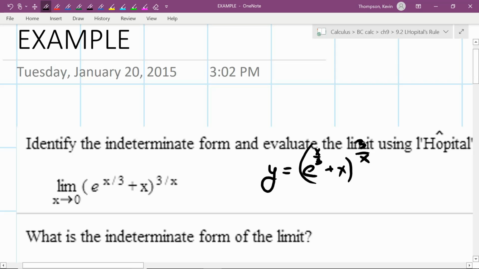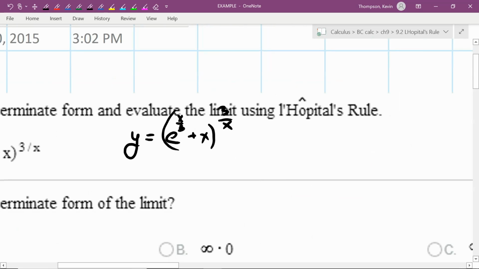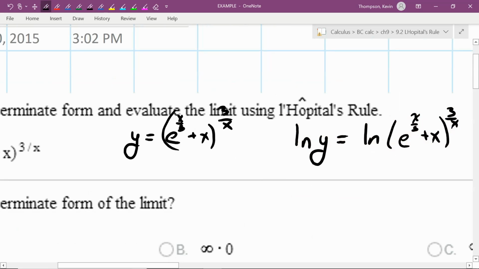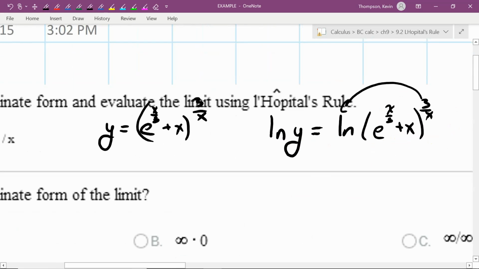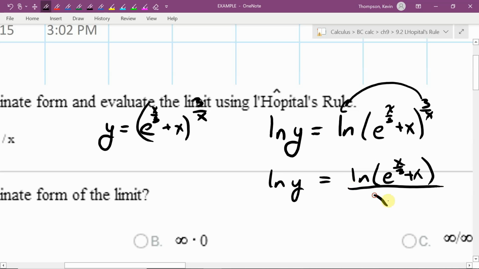With that, we're going to take the log of both sides. I'd probably prefer the natural log because we have properties that are going to now let us move this down. And so at that moment, notice we'd have the natural log of y is the natural log of this, et cetera.